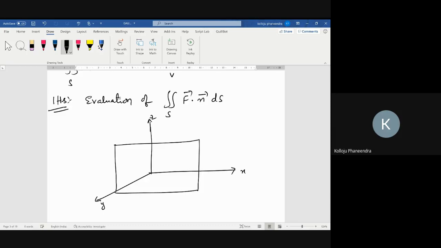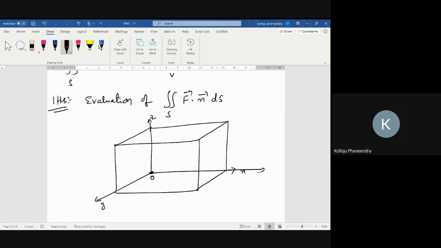Now draw this, and you can extend this. Join this, join this, join this. This is the rectangular box because every x, y, z value begins at the origin 0.